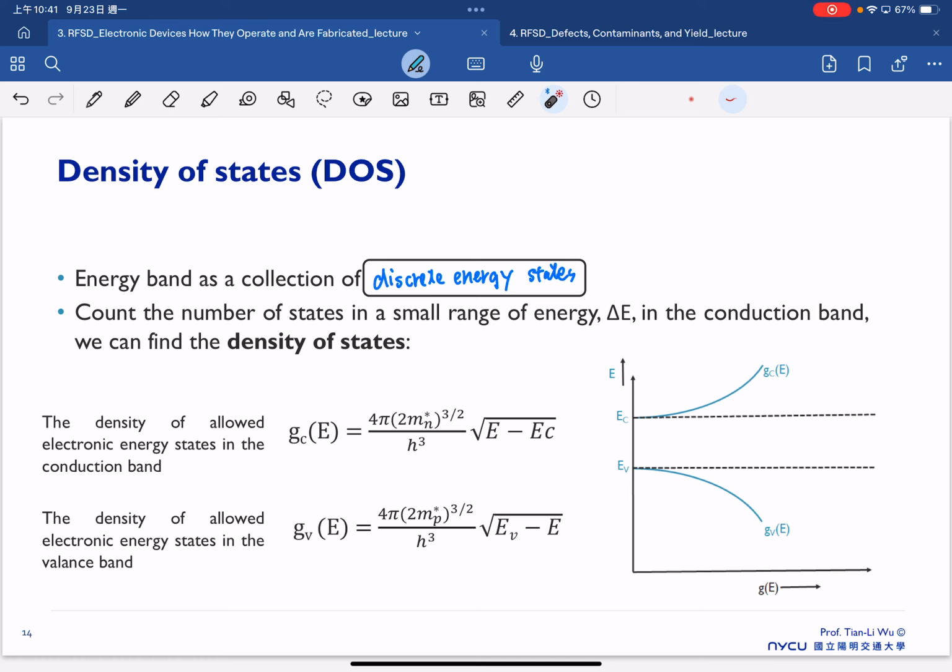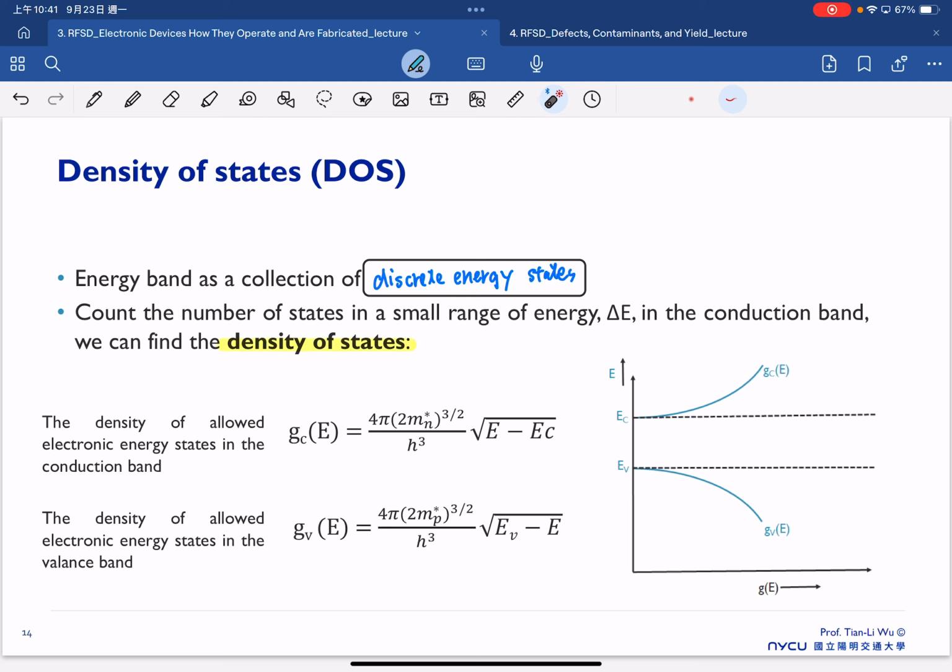So here we don't explain in detail. In general, the band diagram is a collection of discrete energy states, and therefore we can count the number of states in a very small range of energy delta E in the conduction band, and therefore we can start to have this density of states.